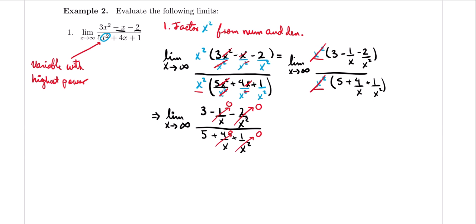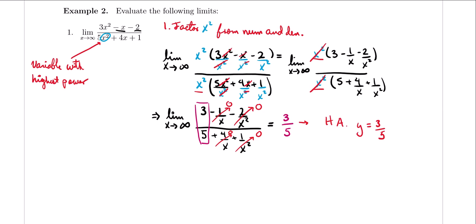So a lot of the terms went to 0, and we're just left with 3 over 5. Since we got a finite number, this 3/5 is the horizontal asymptote for this expression. The horizontal asymptote for this one is the line y equals 3/5.